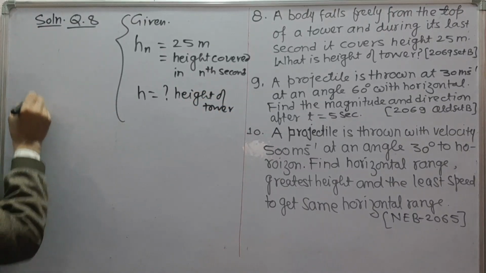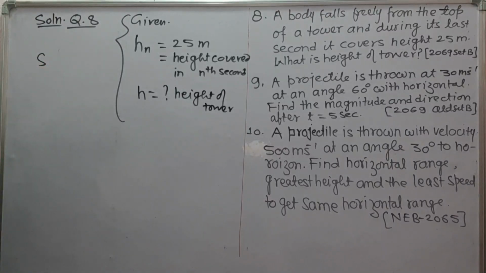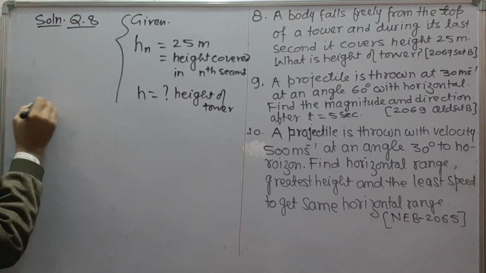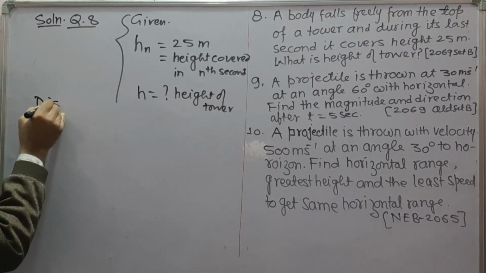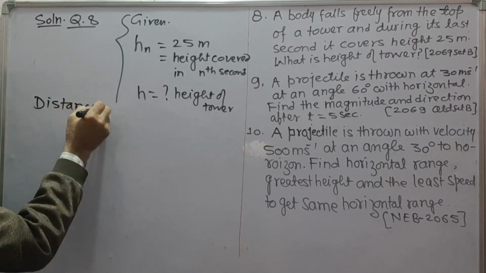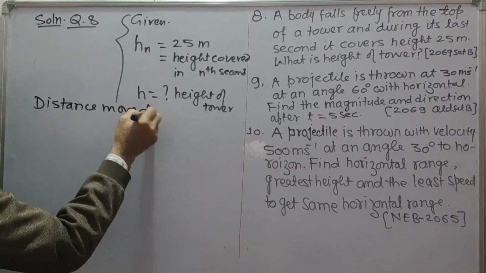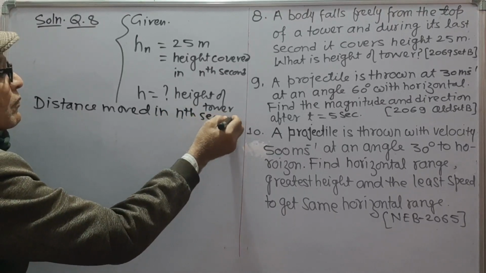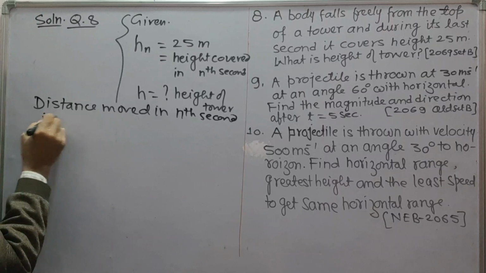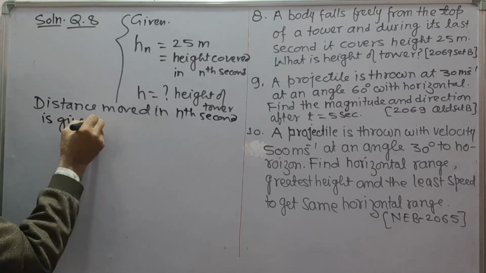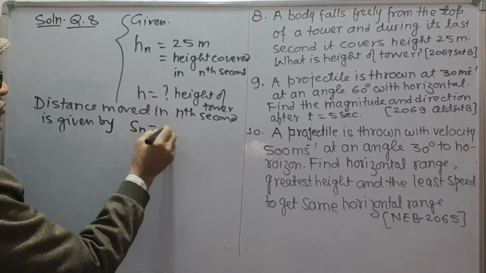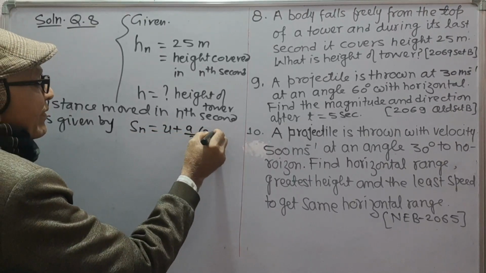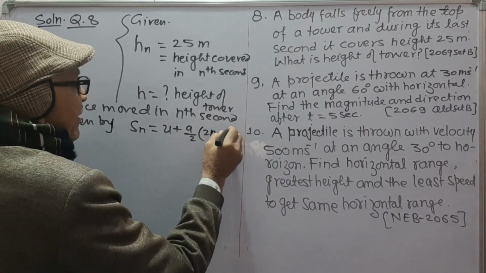We know distance or height moved in nth second is given by Sn is equal to u plus a by 2 into 2n minus 1.